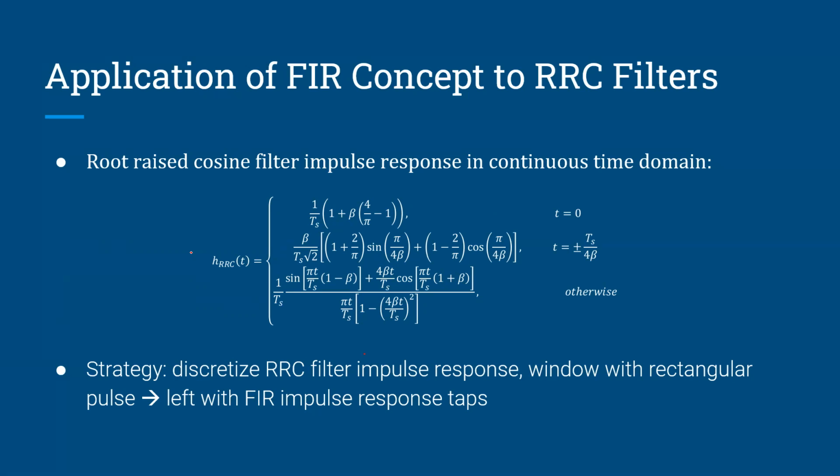What I want to get across though is that you can take this impulse response, which actually looks something like this. It kind of looks like a sinc function, but not quite. It's a little different. And you could turn it into a discrete time filter by just sampling this guy at certain points along the impulse response, and so on.